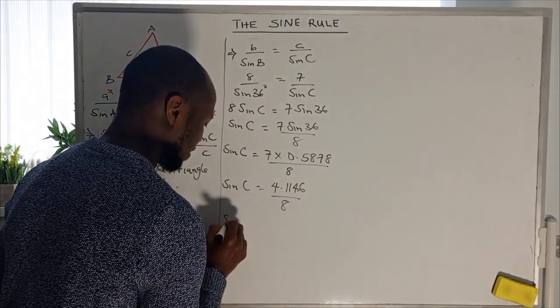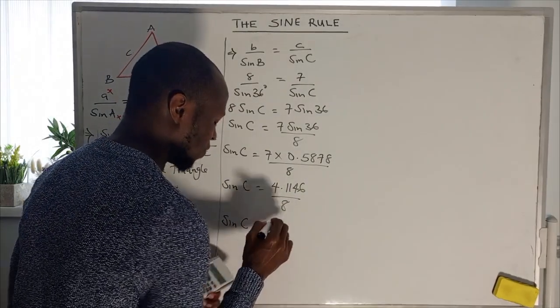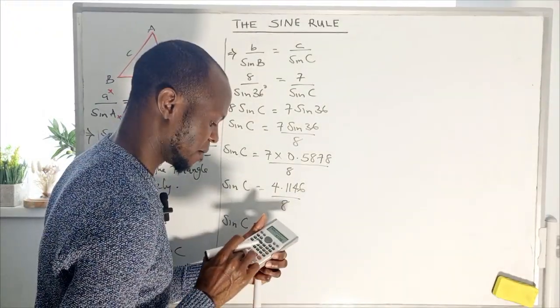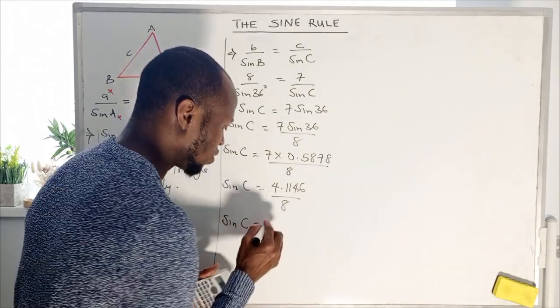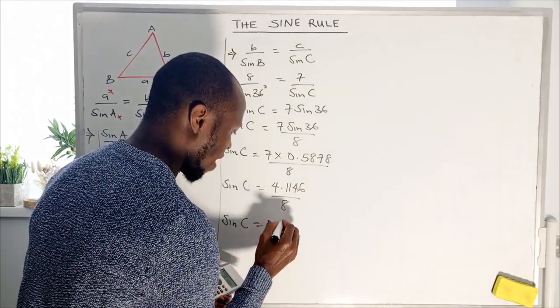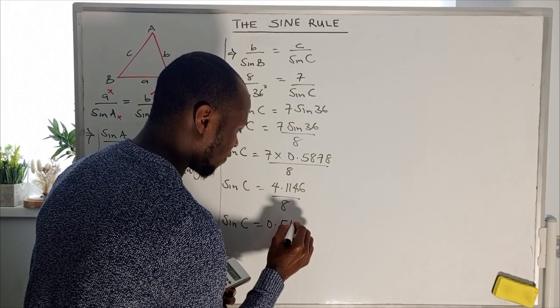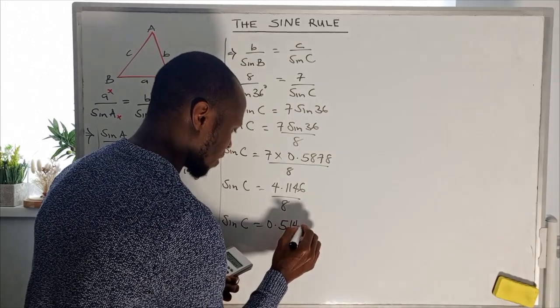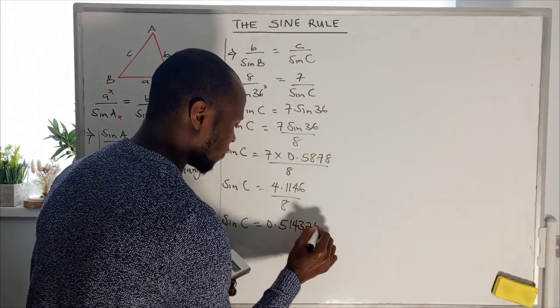So my sine C is equivalent to, if I divide that by 8, 0.514325.